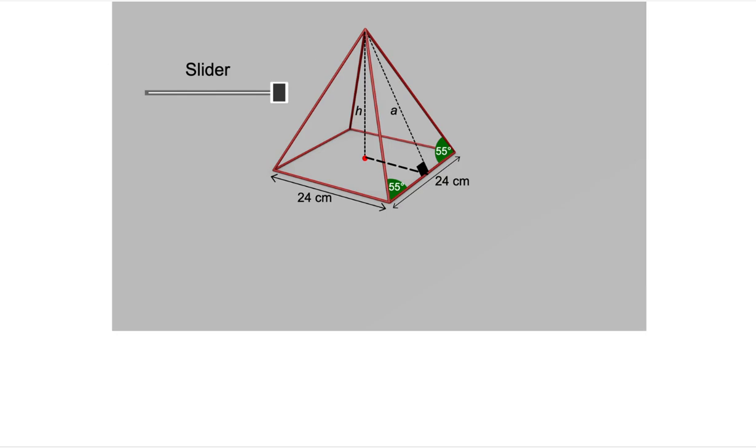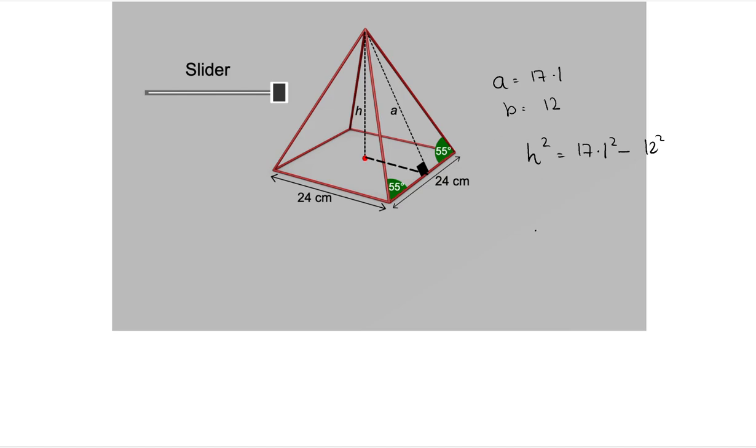The value of a was 17.1, and this length is basically half of the 24 centimeter base length. So I can write this as 12, and h squared should be equal to 17.1 squared minus 12 squared, as 17.1 is the hypotenuse.